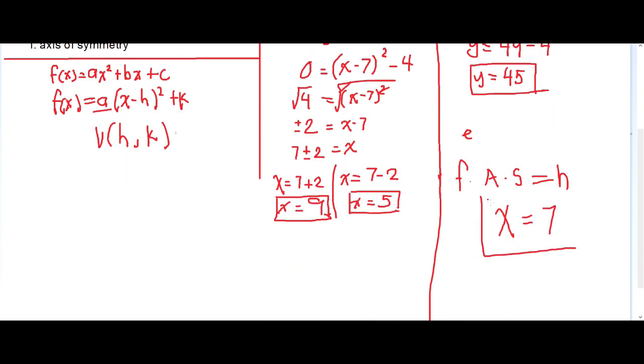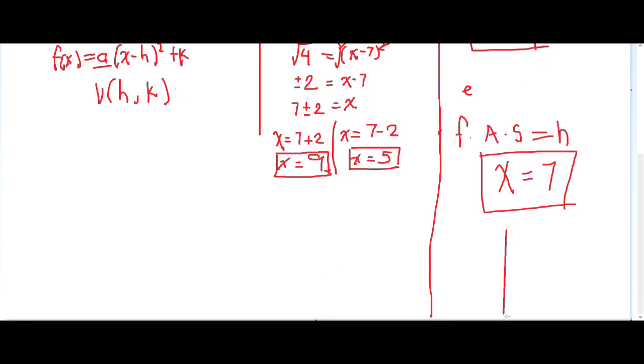Ito yung axis of symmetry. Ano yung silbi ng x is equal to 7 na yan? Pag sinabi mo kasing axis of symmetry, it cuts your parabola into two equal parts. Diba sa Cartesian plane nyo, nakang ganyan. Now, for example, your parabola is somehow like this one.